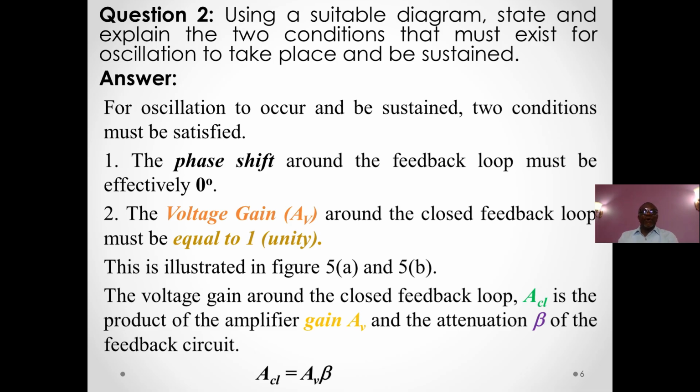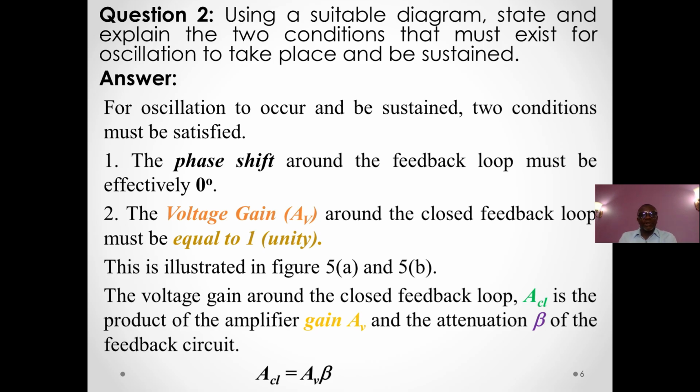Say, for oscillation to occur and be sustained, two conditions must be satisfied. The first condition is that the net phase shift around the feedback loop must be effectively 0 degrees.